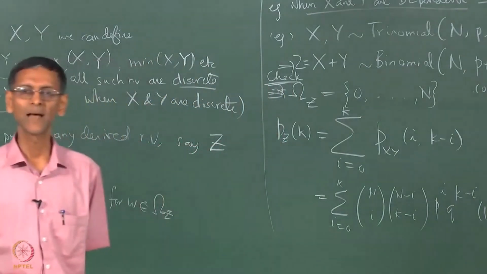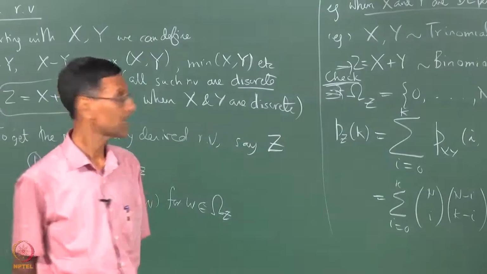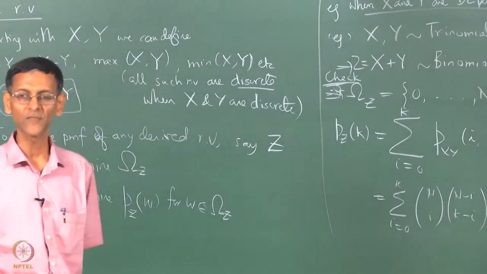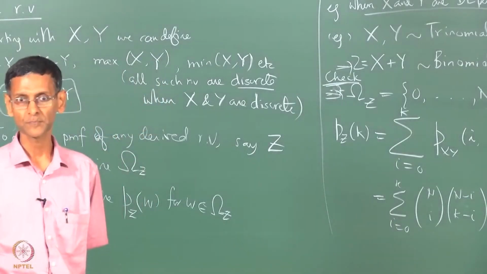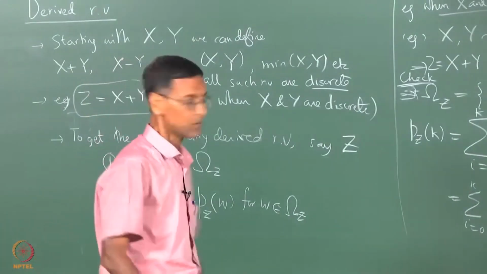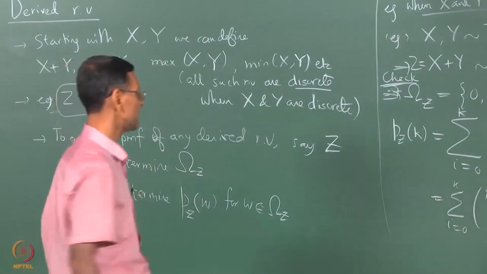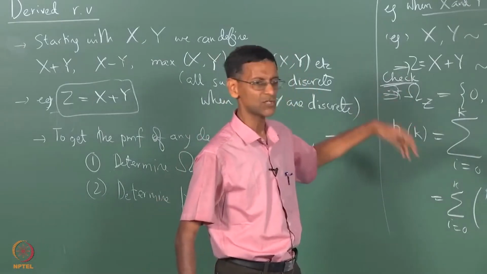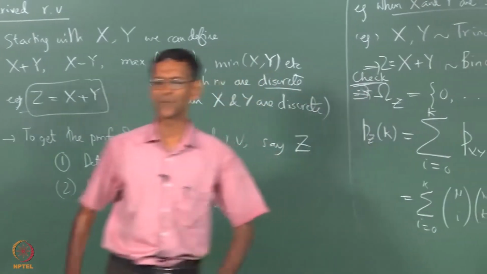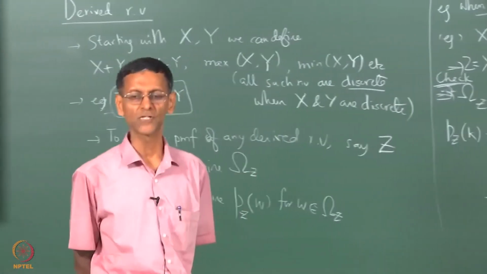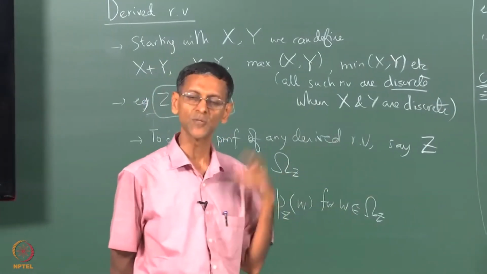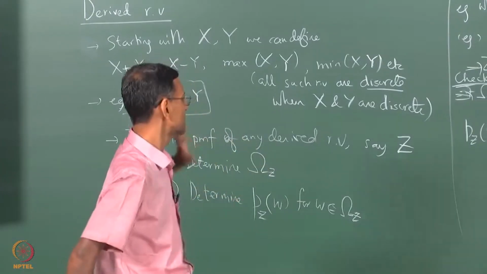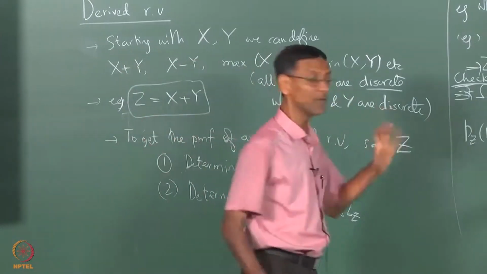So this is an example of a dependent sum, PMF calculated from first principles. The same thing you should be ready to do. Of course, all other examples that I have seen of joint PMFs are more contrived. Only this trinomial thing seems in a sense the most acceptable.